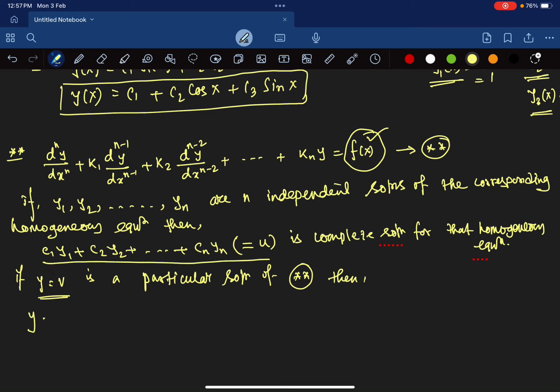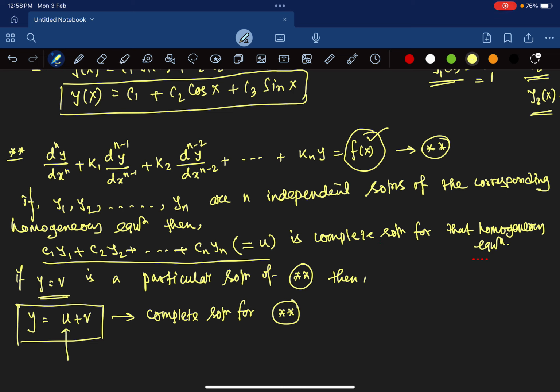So as a whole, y = u + v. This is the complete solution for this entire equation. One part is contributed from the homogeneous, and another part is contributed from the non-homogeneous section.